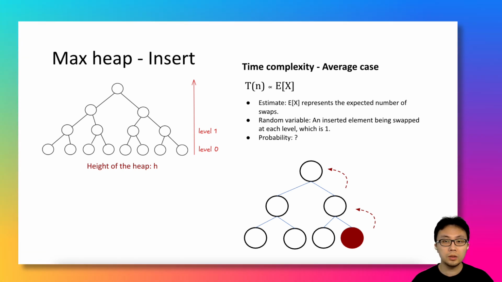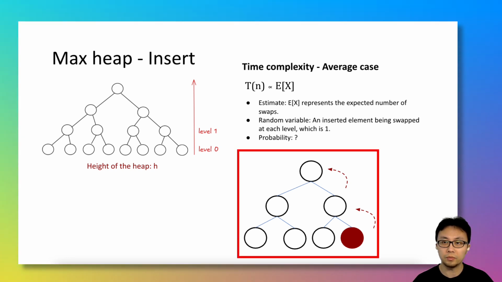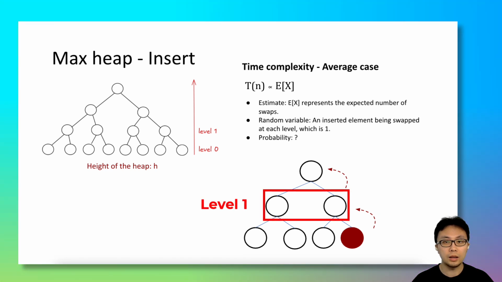However, you're not just doing one-time comparison between the newly inserted element and another element in the heap. You're doing it level by level, which means that each level is an independent incident. If you can just focus on the example shown up here on the screen. The first comparison and a possible swap happens here at level 1.